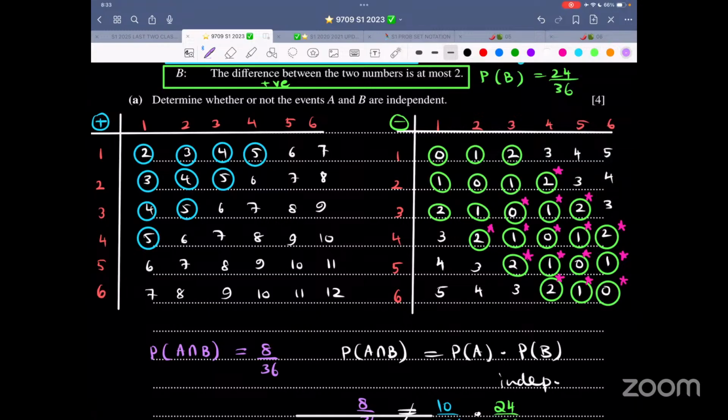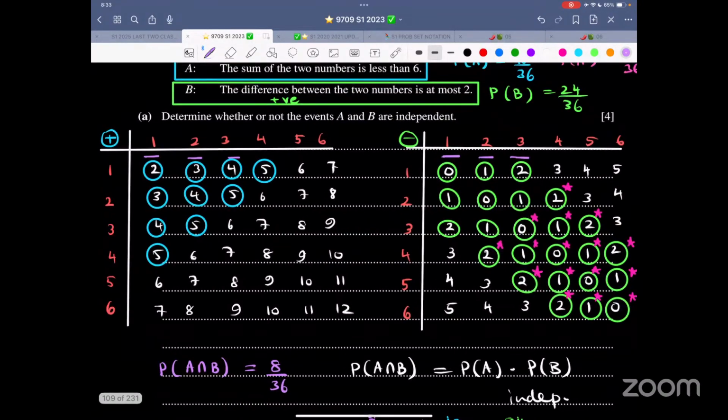Let me make it darker. 1, 2, 3. These three are common, in the sense they are obtained from the same coordinates, the x and the y value. That means this is 1,1, 1,2, 1,3.